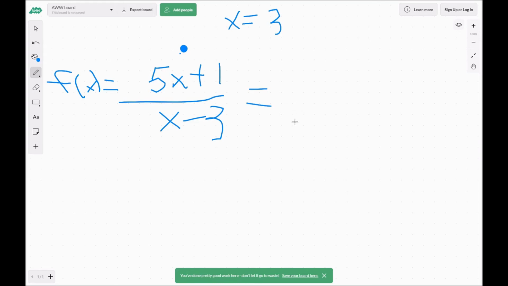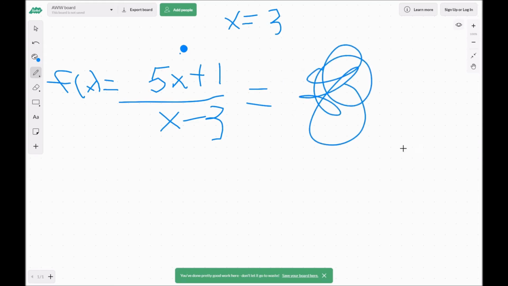So 5x plus 1 over 0 is an error. I wouldn't even put it here. It's an error. So the first condition already says that f of c does not exist.